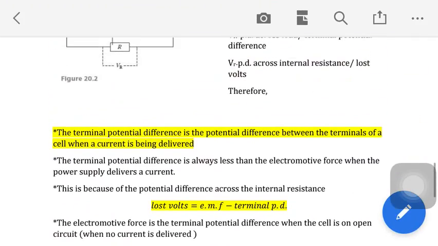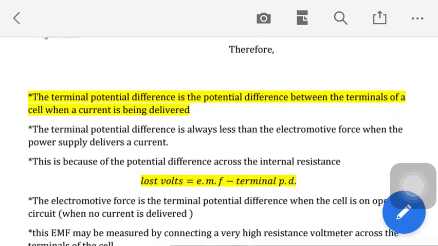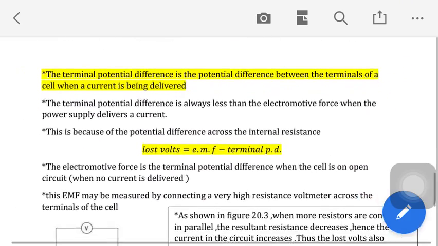The terminal potential difference is the potential difference between the terminals of a cell when a current is being delivered.